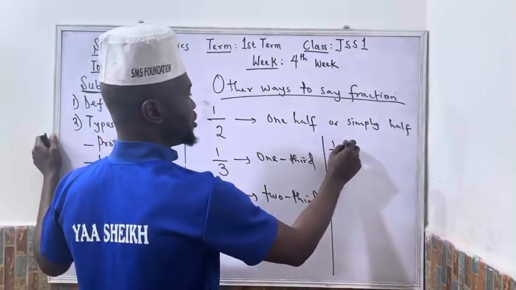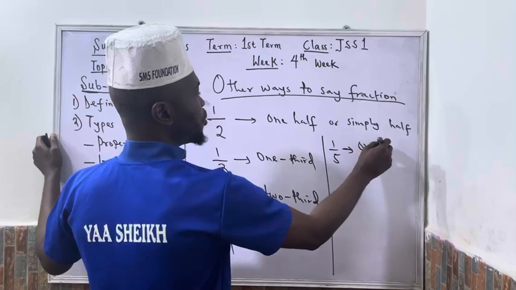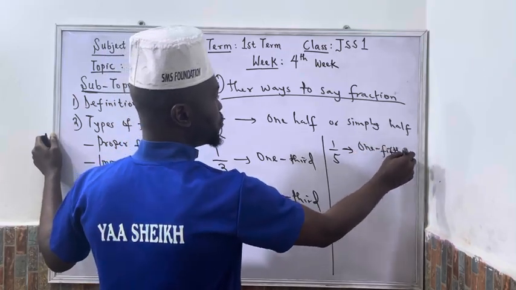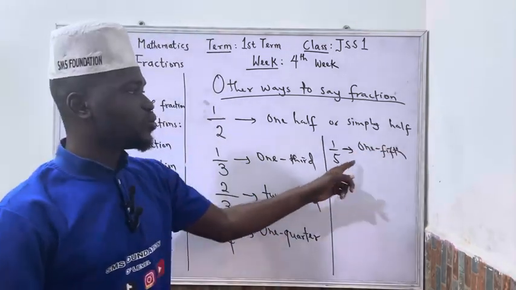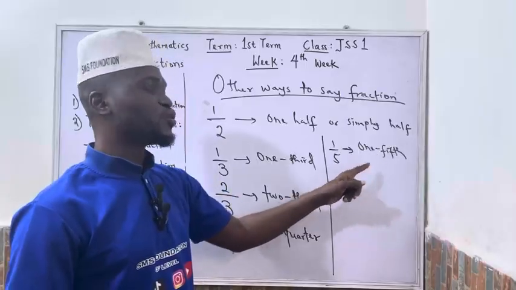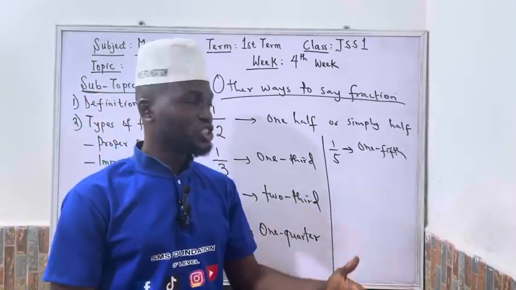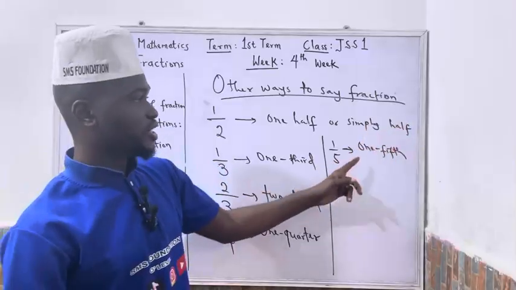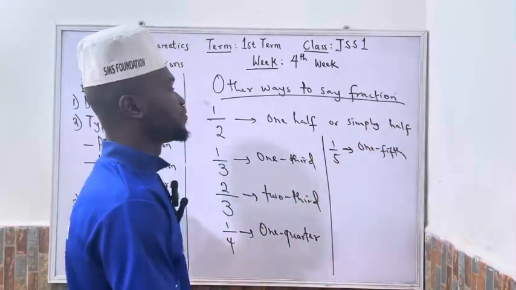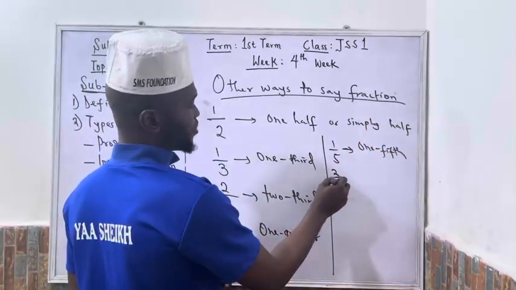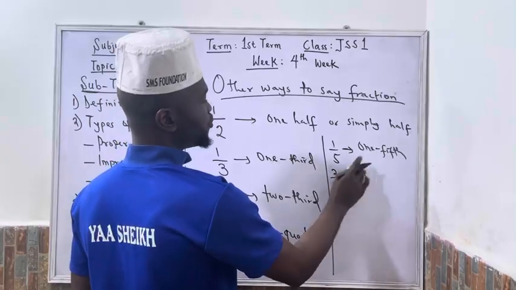Then we can go for 1 over 5. You change the 5 to an ordinal number. Ordinal numbers are numbers that indicate position. 5th is a position. So that will be 1/5. So if I have 2 over 5, that will be 2/5.